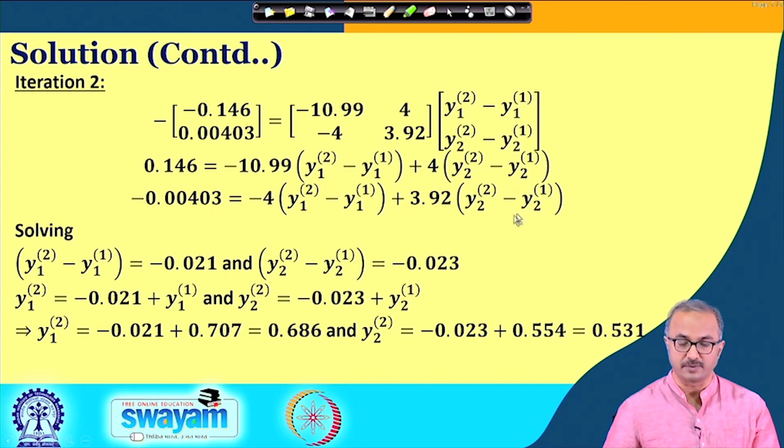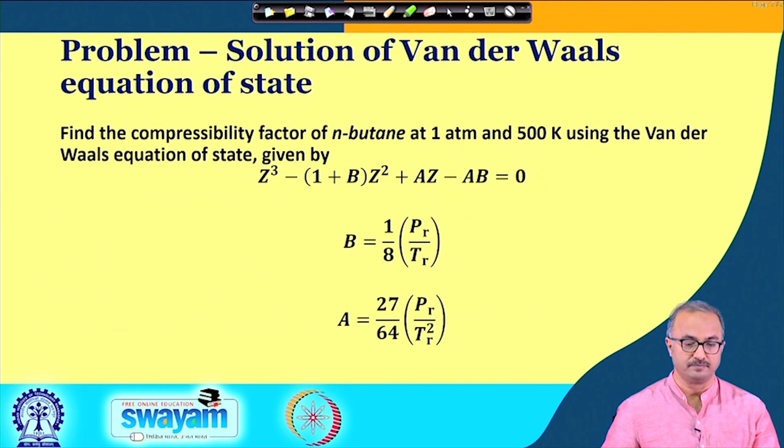From these two expressions, we can find the values of y1 and y2. Again you can see that because Newton-Raphson is quite effective when we are near the root, the way these two values are getting converged. You can carry this forth to get the actual solution.